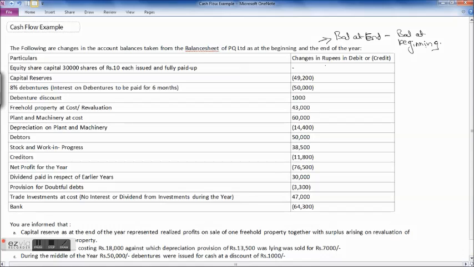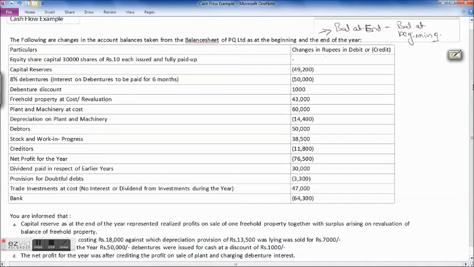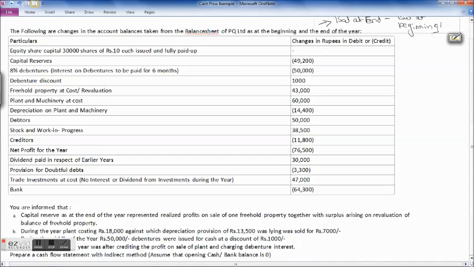Freehold property at cost or revaluation, 43,000, is the increase in the debit balance. Freehold property is nothing but your normal land and building. Since it's a fixed asset, there is an increase in fixed assets; the debit balance is increased by 43,000.